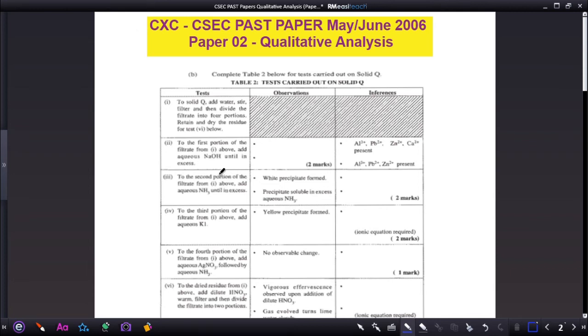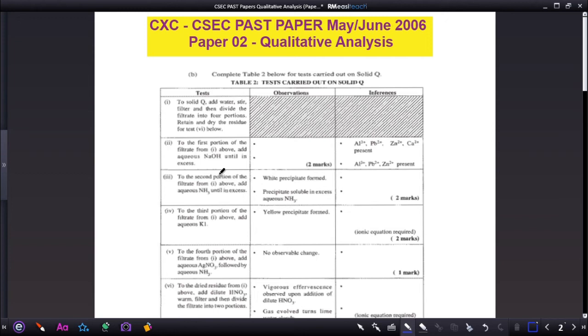So part for May-June 2006, the table says complete the table below for tests carried out on solid Q. Part 1. To solid Q, add water, stir, filter, and then divide the filtrate into 4 portions. Retain and dry the residue for test 6 below.